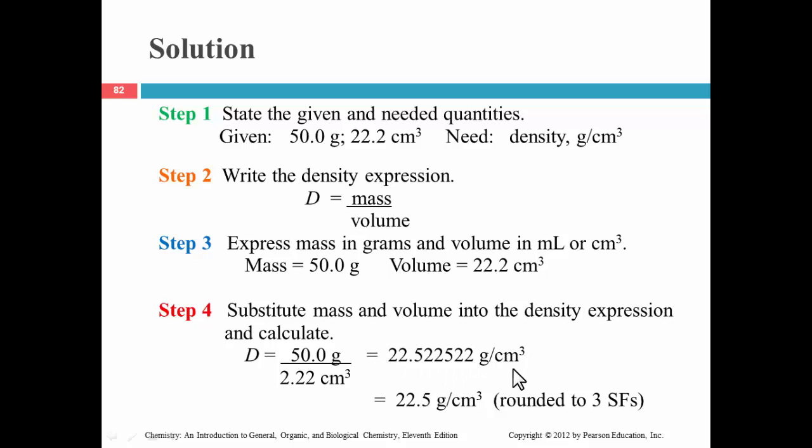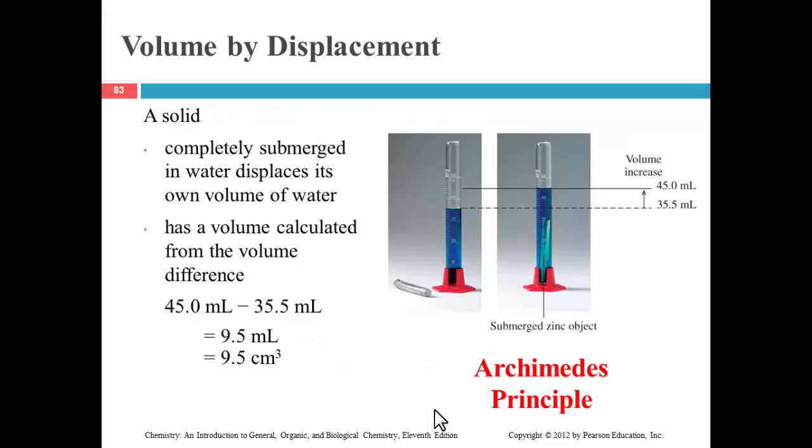Once again, your calculator will give you a number with many more decimal places than you need due to significant figures. Both 50.0 and 2.22 have 3 significant figures, so you must round your answer so that it is also only 3 significant figures, making the final answer 22.5 grams per cubic centimeter.